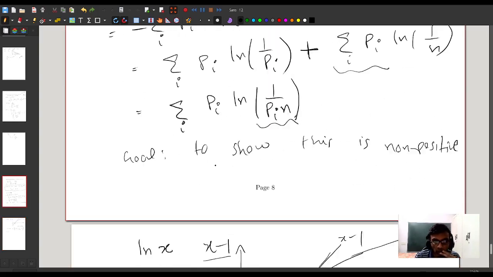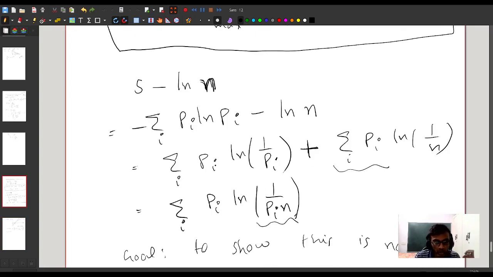Just a small correction here. This summation is over only those values with non-zero probabilities. So this i should be in the support of this probability mass function.